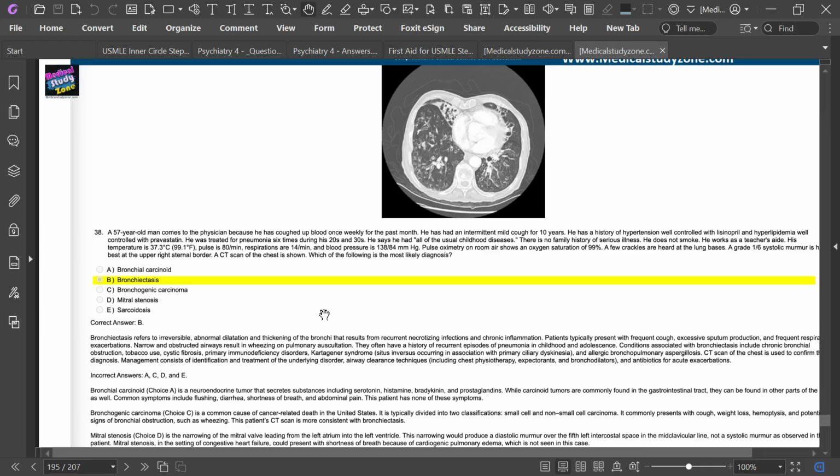Bronchiectasis refers to irreversible and abnormal dilatation and thickening of the bronchi from recurrent necrotizing infection and chronic inflammation.